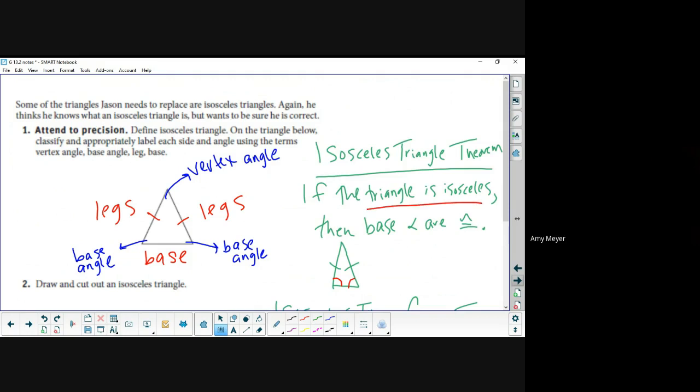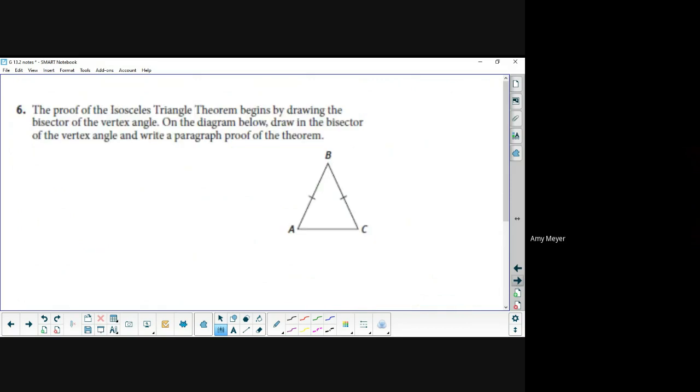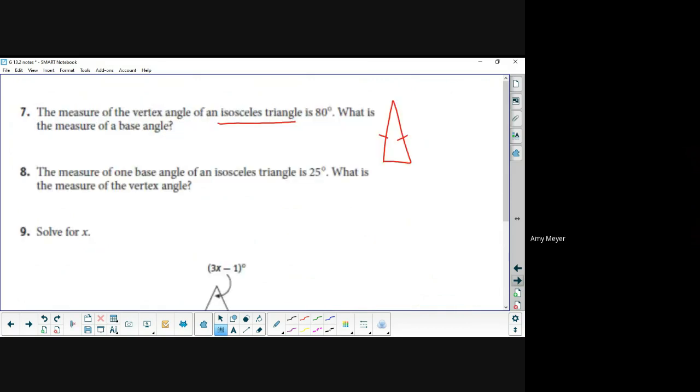If it's isosceles, aren't there going to be two angles the same? So let's go back to our picture. We know it's isosceles. That's in the directions. The theorem today tells us if it's isosceles, the base angles are congruent. So this has got to be the base. So that means these angles match.